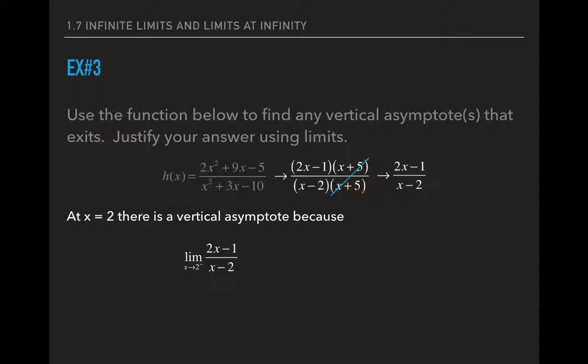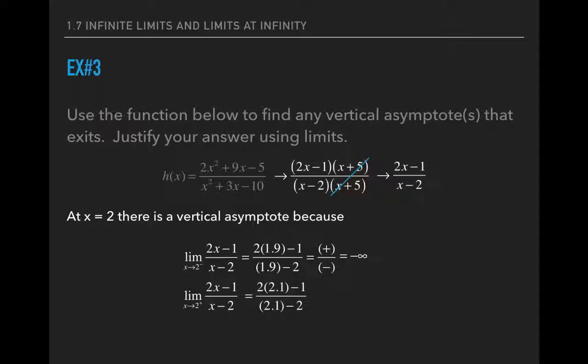The limit from the left, well, if we plug in a value just left of 2, that would be 1.9, and in the numerator that'll result in a positive, whereas in the denominator it will be negative value, which means we're going to negative infinity. From the right, you're looking at plugging in a number just slightly larger than 2, which would be 2.1.